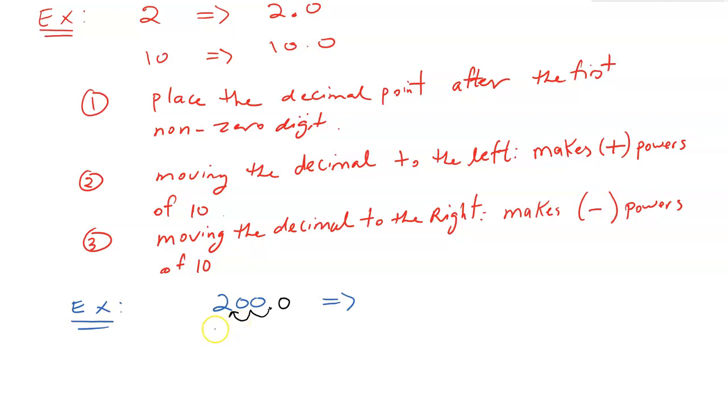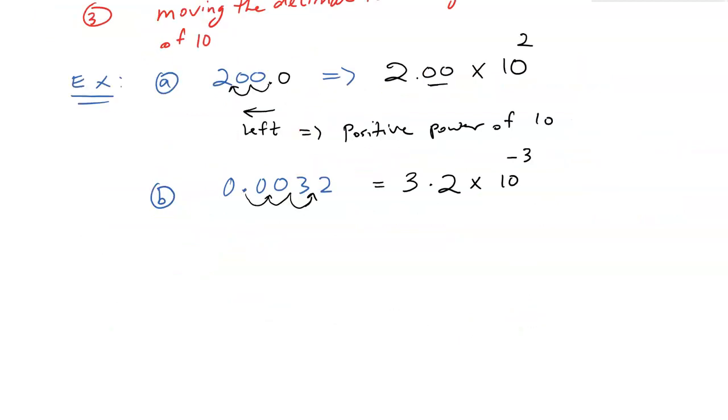We will not move the decimal anymore, and then we write 2.00 times 10 to the power of, because we have moved it to the left 1, 2, 10 to the power of 2. You don't really need to write the 2 zeros here. You can just put 2.0 times 10 squared, which is acceptable to make it compact, and that would be the answer to that.